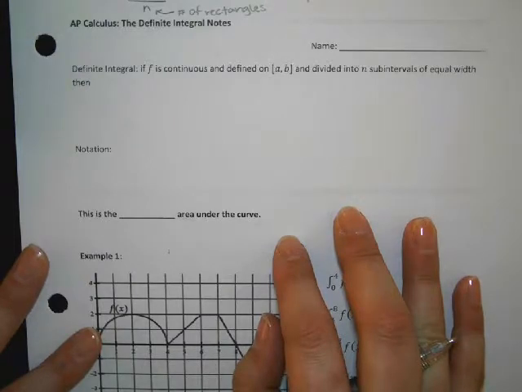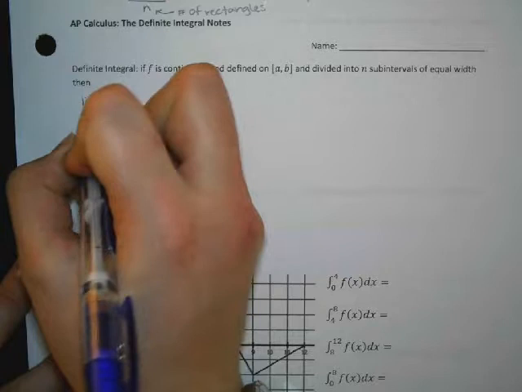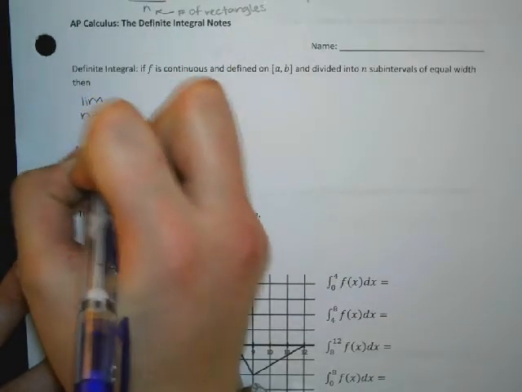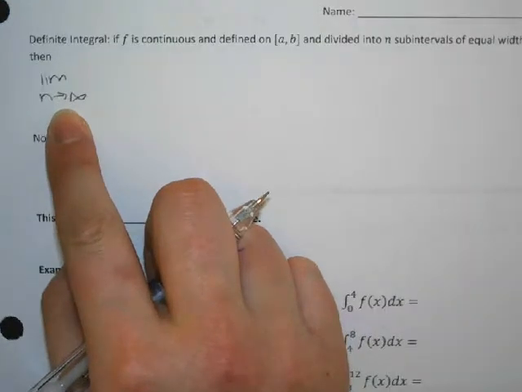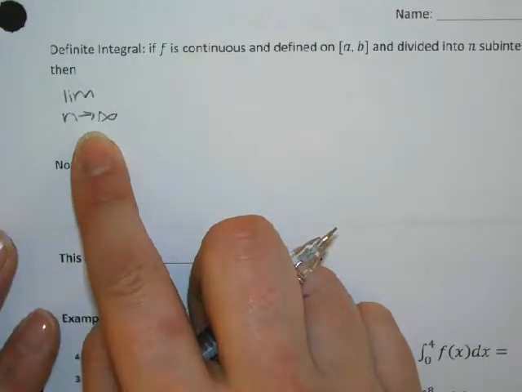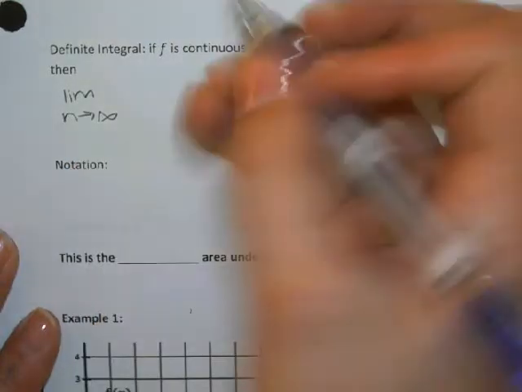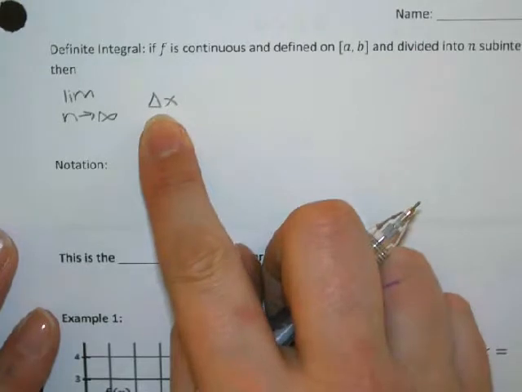Okay, so we looked at the limit of sums on Tuesday, which was written as the limit as n approaches infinity. So that means that as we get more and more rectangles, we're trying to have as many rectangles as possible because we know that's what makes our area the most accurate. Then we're multiplying delta x, which was the width of each rectangle, times the height of each rectangle.